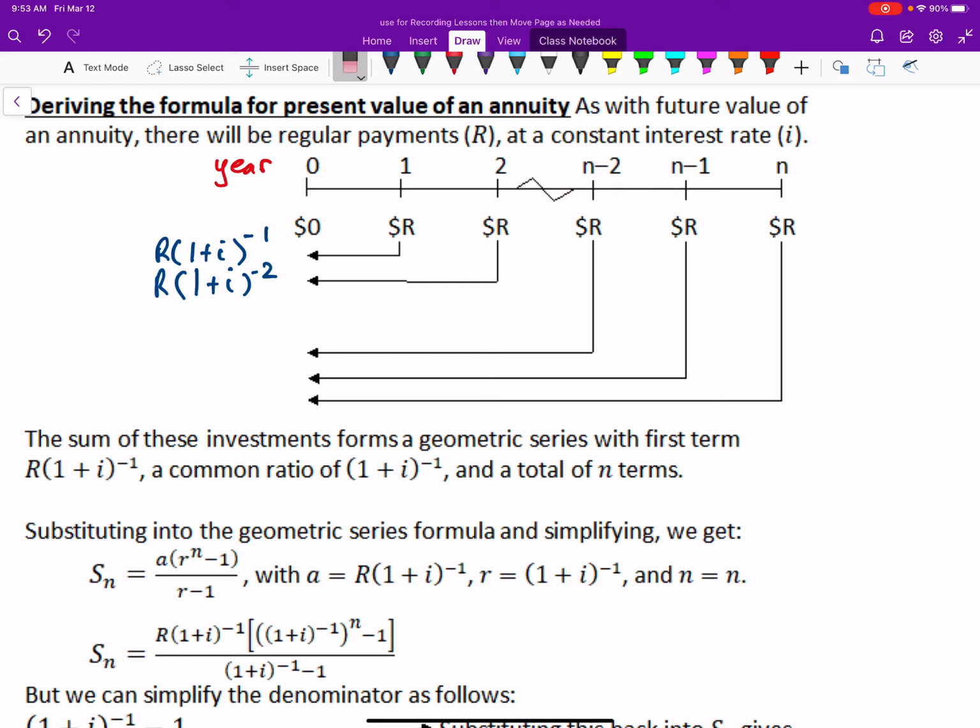So we carry on, and for this one, it would be R times (1 plus i) to the negative (n minus 2), and this one would be R times (1 plus i) to the negative (n minus 1). And this last one would be R times (1 plus i) to the negative n. There are a lot of things that are the same.